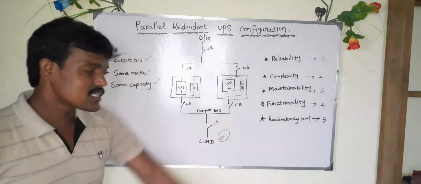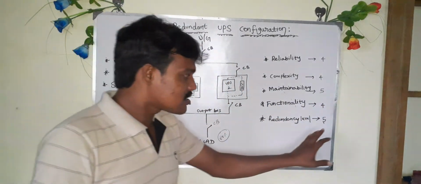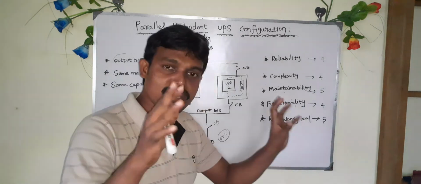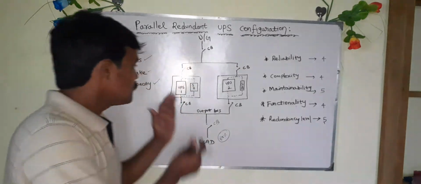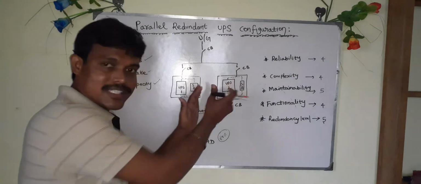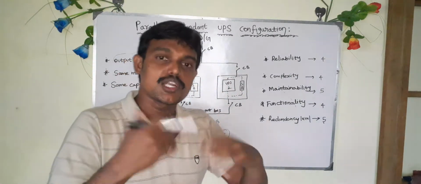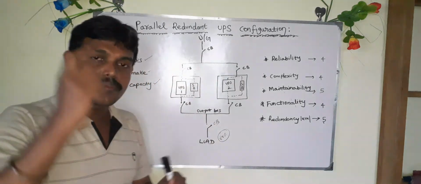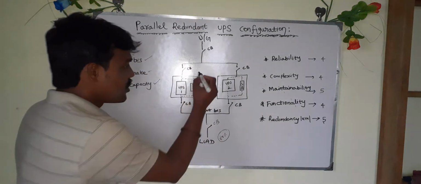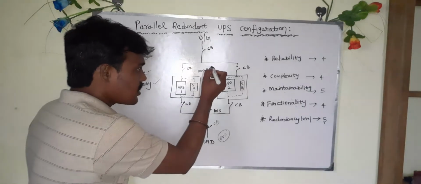Next is redundancy level. In redundancy level, I gave the score as 5 out of 5. Why? Because UPS level redundancy is there, and power module level redundancy is also there. Assume this is a 100 kVA UPS.